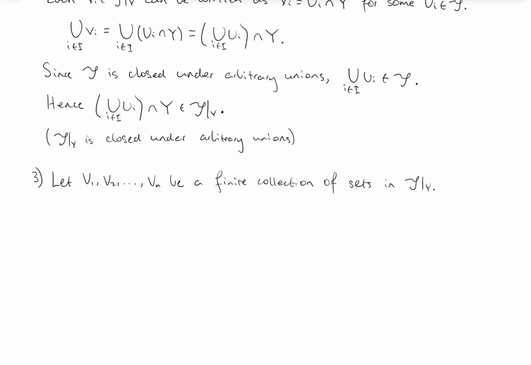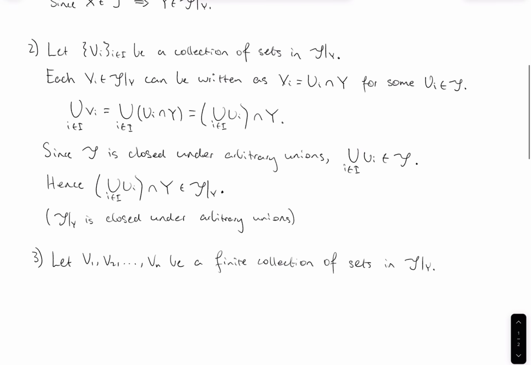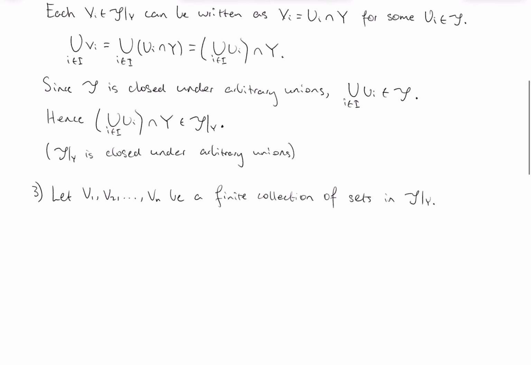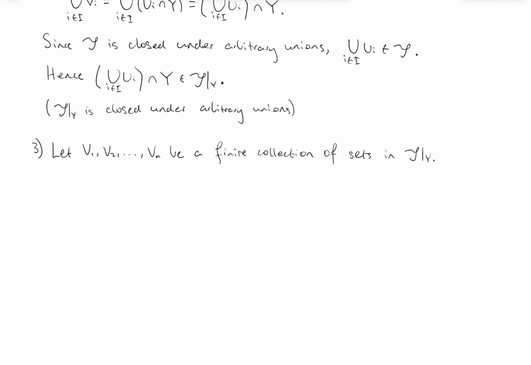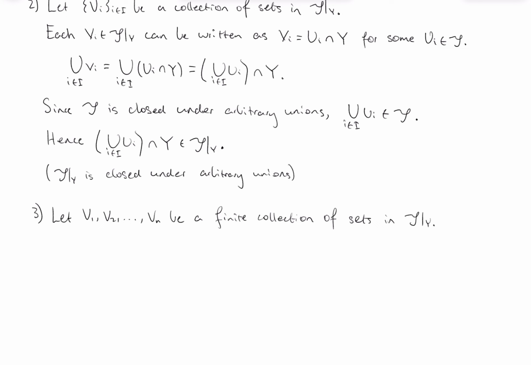So each of these, because each of them is in the subspace topology, can be written in this form. So again, like in part 2, we index them with some i. I'm going to keep my structure consistent.